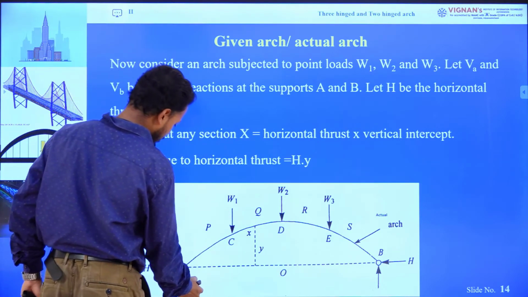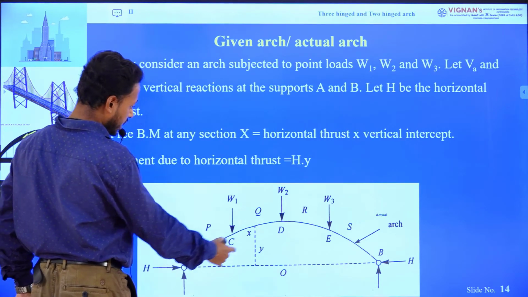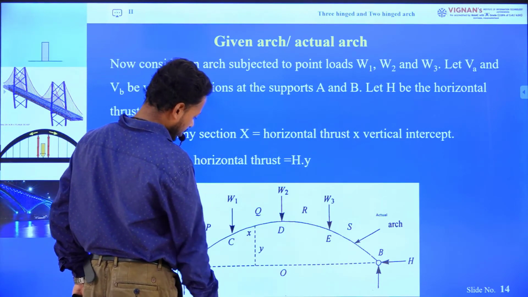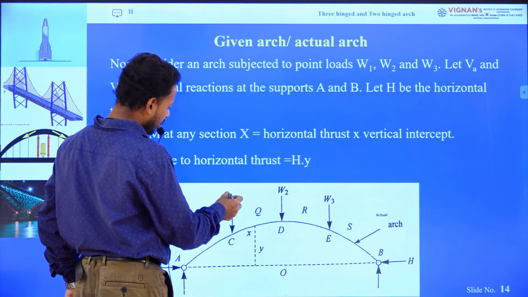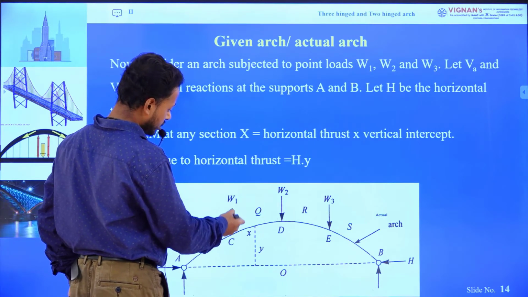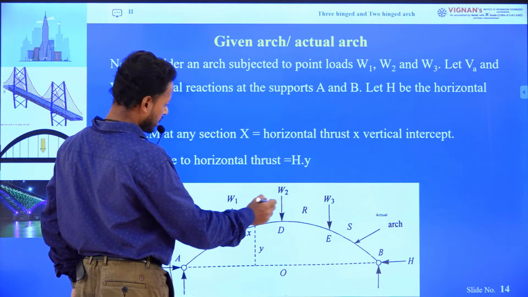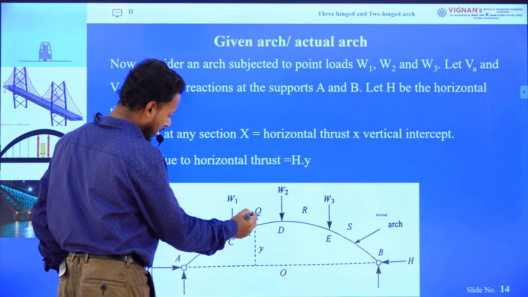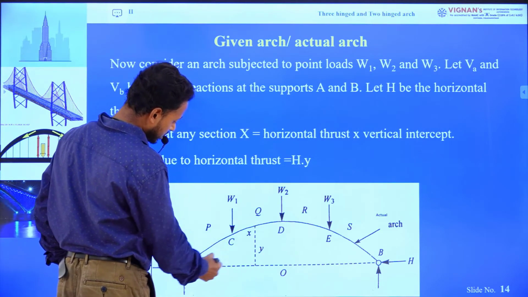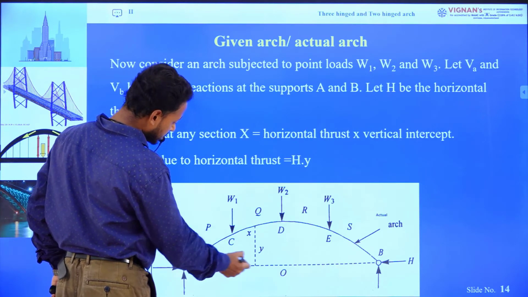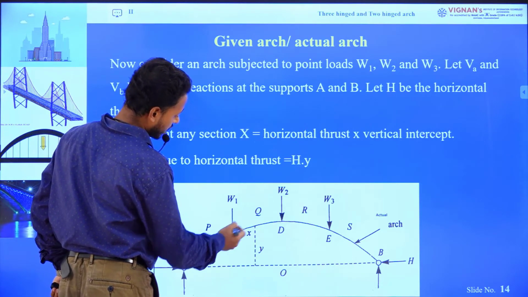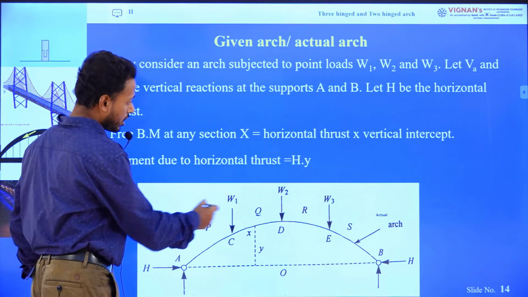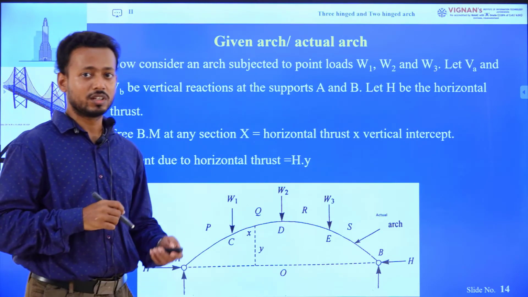It is subjected to horizontal thrust H at both supports, and vertical loads W1, W2, W3 are also acting on this arch at different points, and we will consider a cross section at a distance x. At distance x, the ordinate is y. At this point we will calculate the bending moment.